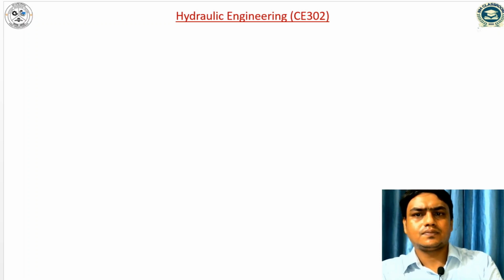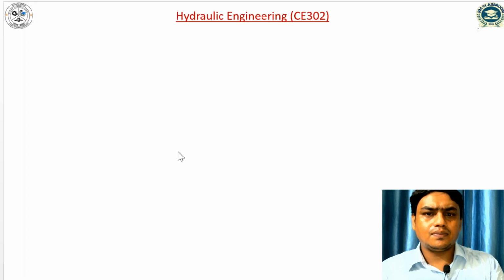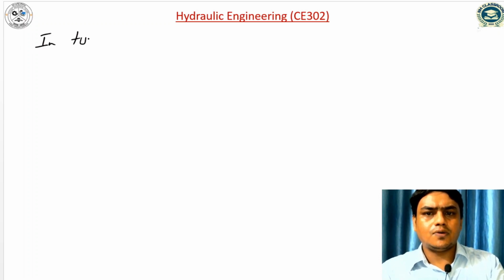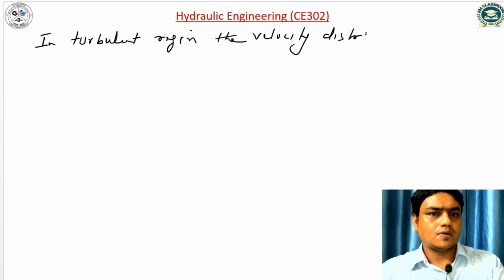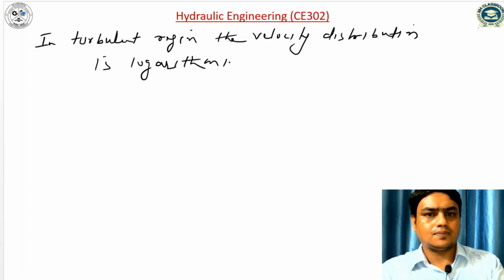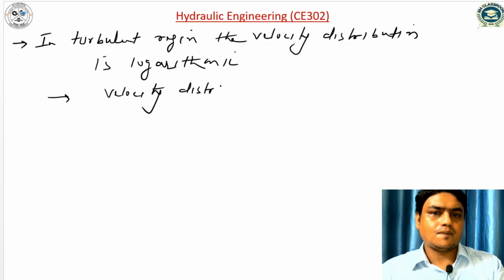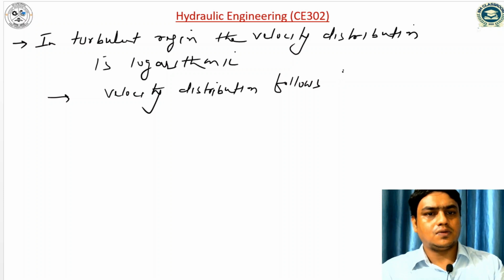Similarly, if I discuss the velocity profile in the turbulent region, the velocity distribution is logarithmic, and it follows the 1 by 7th power law.